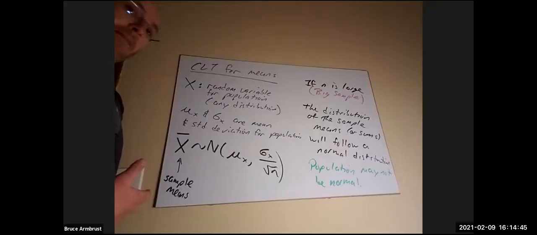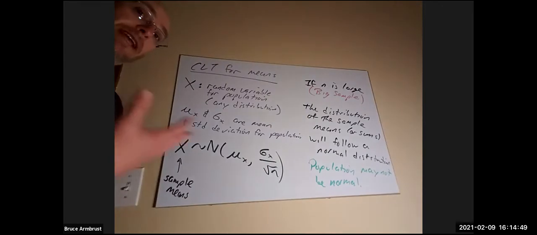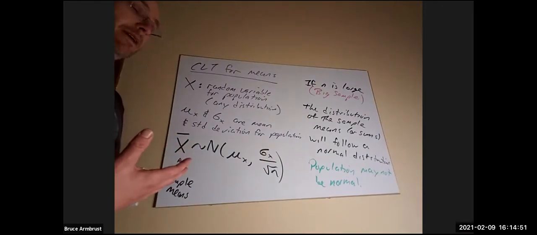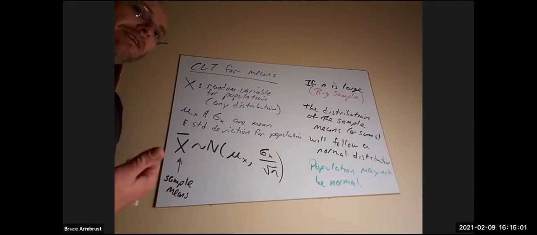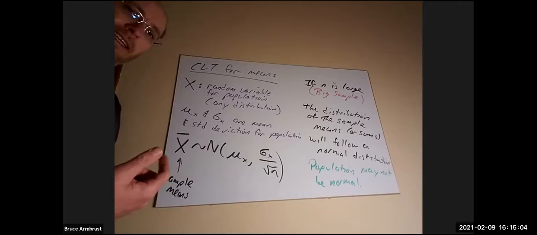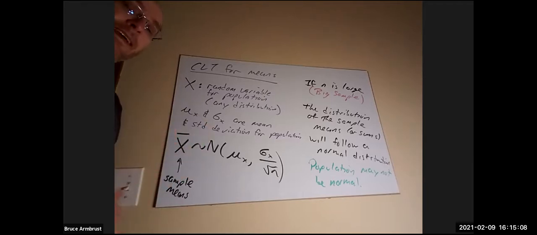All right, so notice that when you start getting a big group, this goes down a lot, right? So if I sample 25 people, the square root of 25 is 5. I've cut that standard deviation down by a fifth. So think about the one we were just looking at for Carson. I remember that standard deviation was 15.